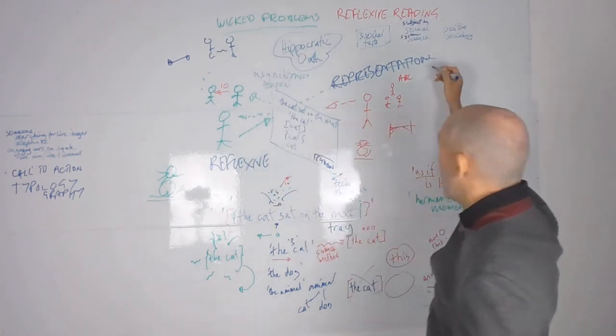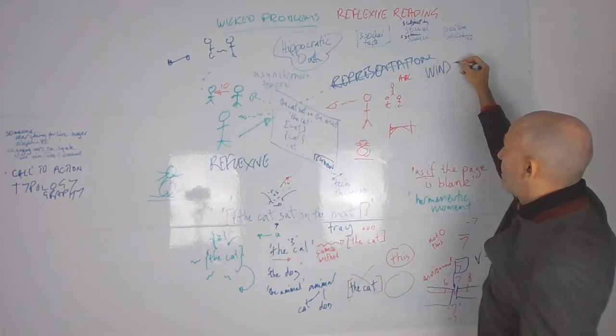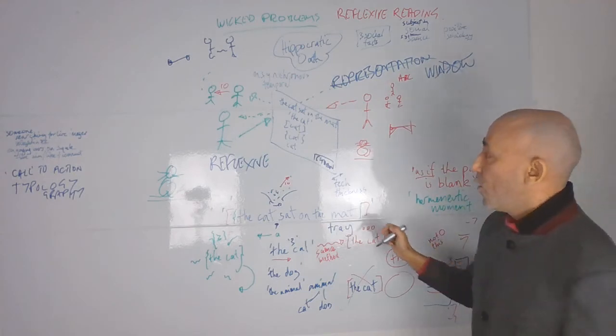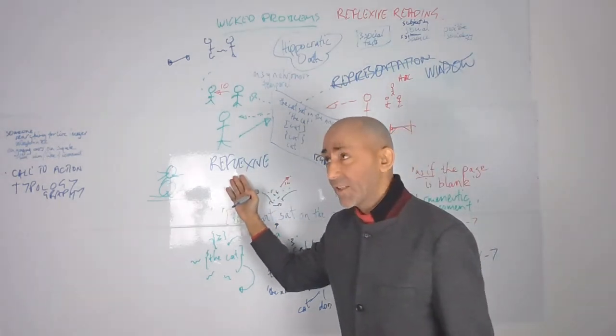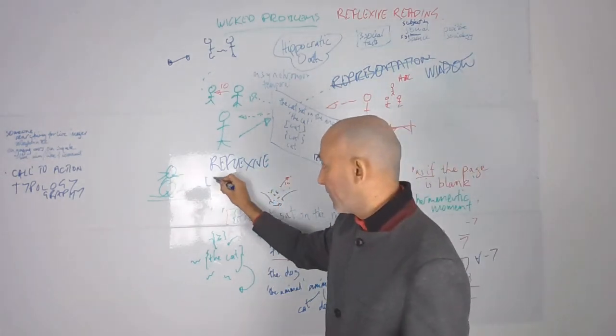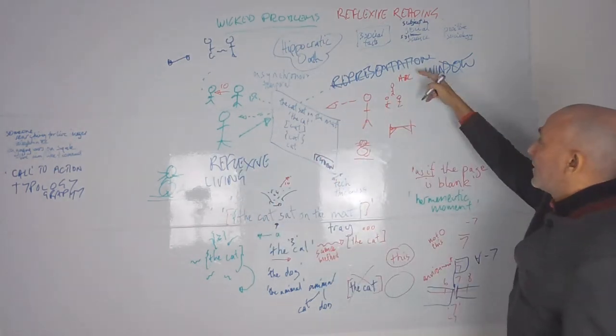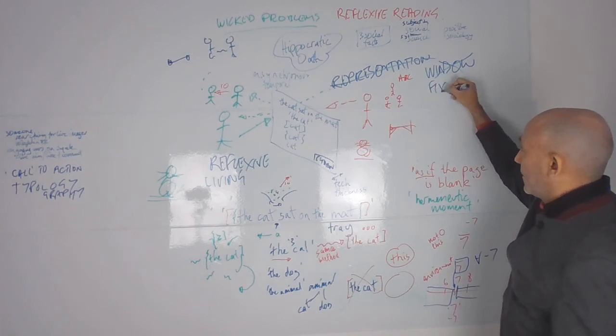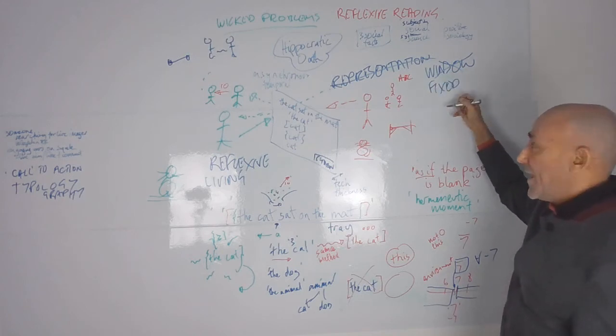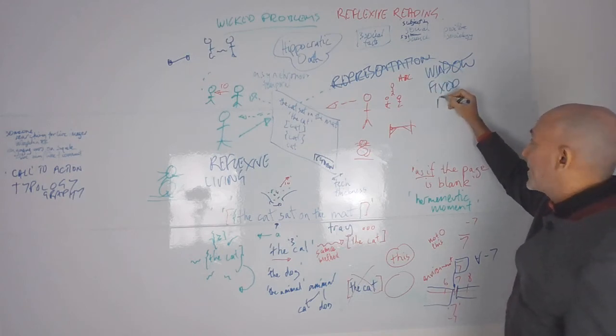So this is not a window. Window, no, we don't want that. We want this to be reflexive and living. Otherwise this becomes a window, this becomes fixed, this becomes asynchronous, this becomes atemporal.